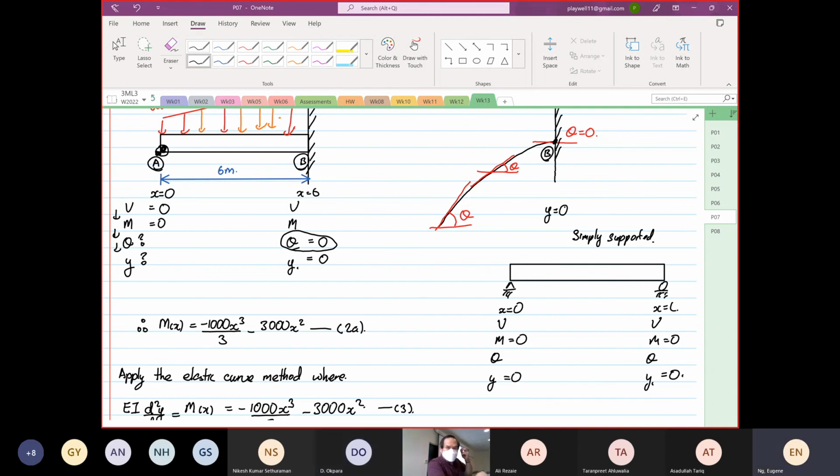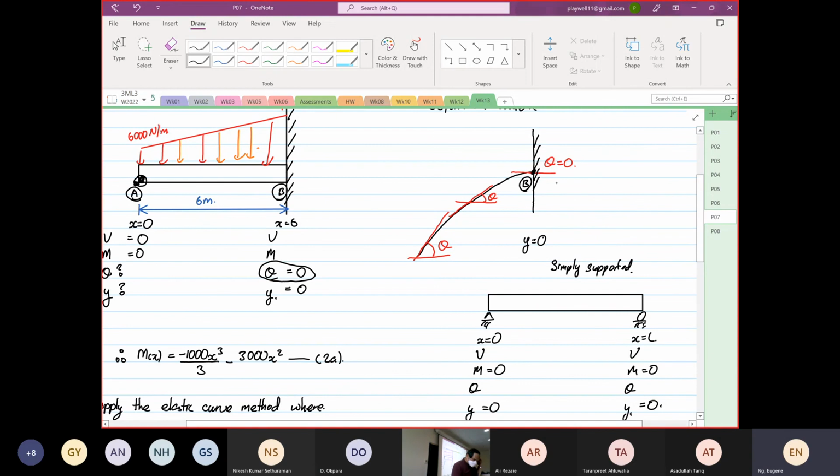Can you watch the video? No, I'm just kidding. So y is equal to 0, deflection is equal to 0 because point B cannot move. Point B cannot deflect, it's drilled into the wall. Theta is equal to 0 because the slope is equal to 0. All these I'm highlighting are the slope, yes or no? At point B, slope is equal to 0. Okay, thanks. That's the only reason.